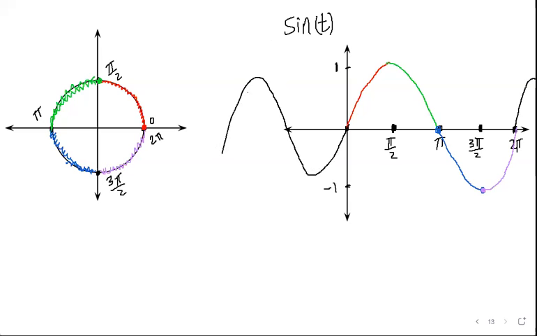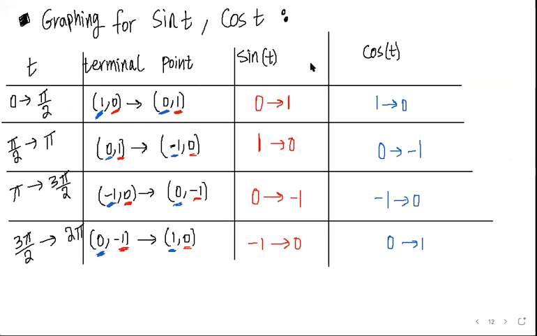Okay, any question? So right now you know the general idea how to graph the sine function. Same things for the cosine. From 0 to pi over 2 goes from 1 to 0.